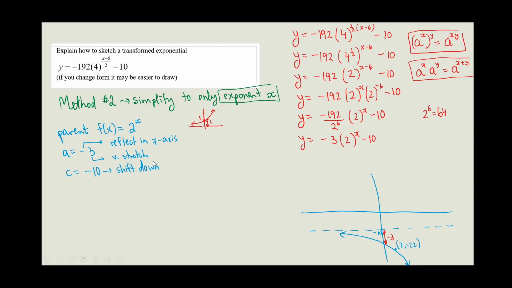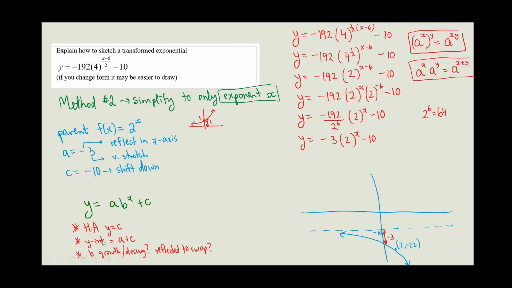Let me show you what's the better way. If you have a simplified version like this, meaning the x is the only thing in the exponent, you don't have a k or a d, then here are the key aspects. The horizontal asymptote will always be this plus c, so that's easy. The y-intercept is going to be very simple.